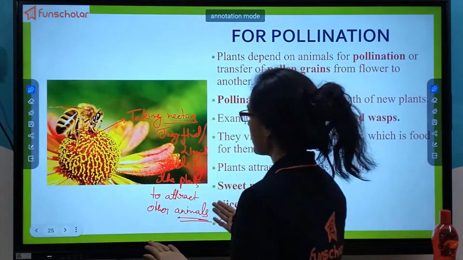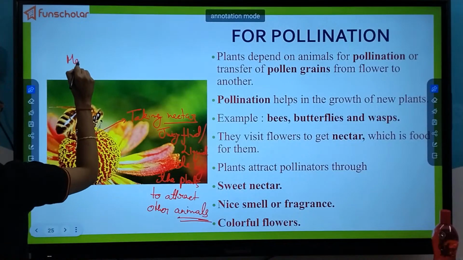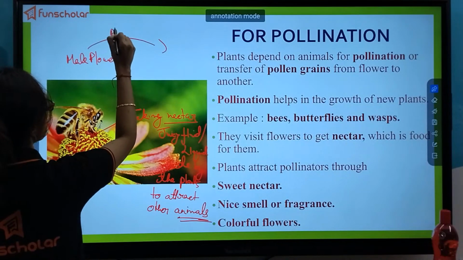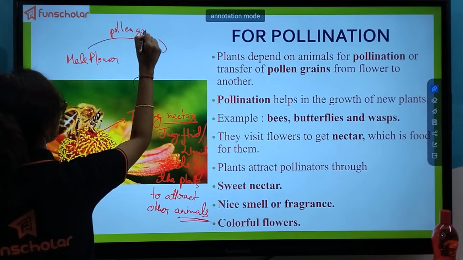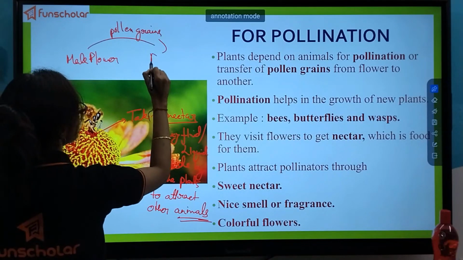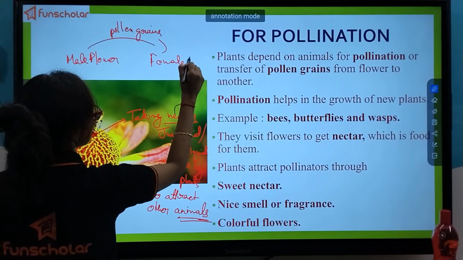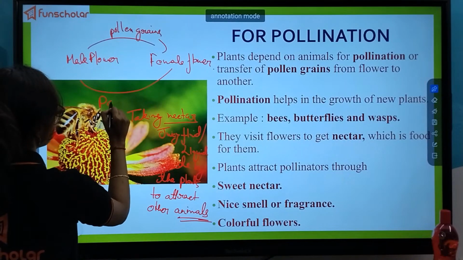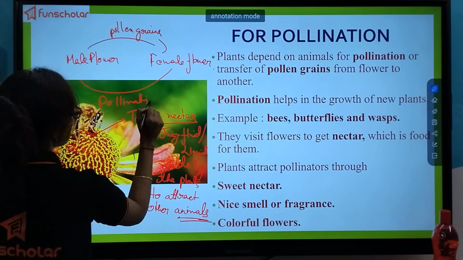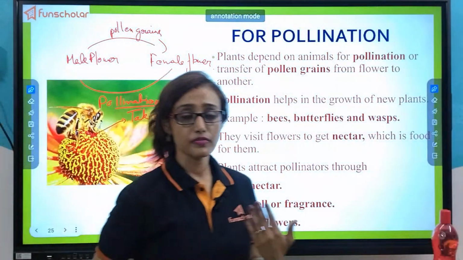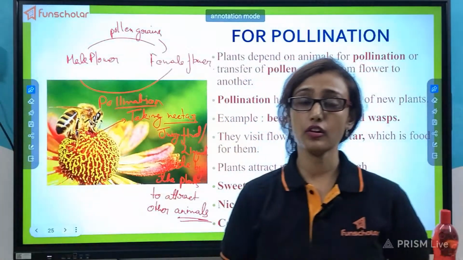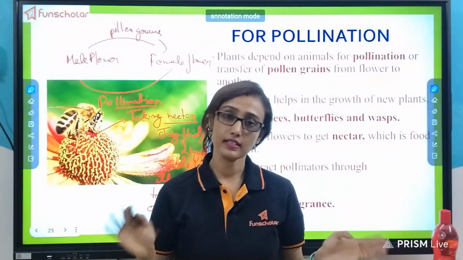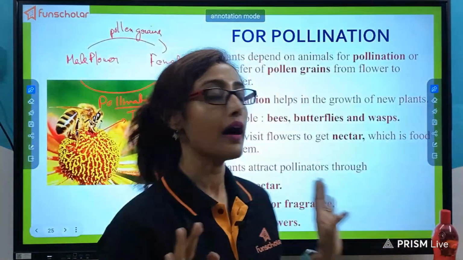In this way, if pollen grains from a male flower are transferred to female flowers, this process is known as pollination. And why is pollination important? For the formation of seed. I will teach you this process of pollination in detail in some other classes, but for now you can know up to this point.